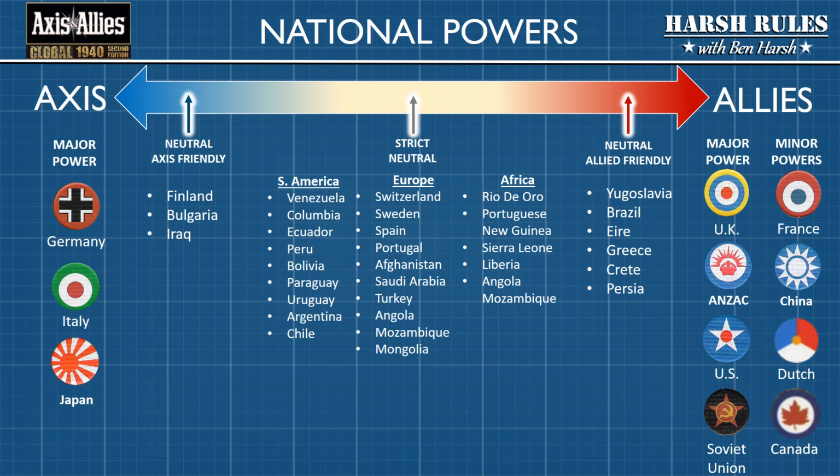On the political spectrum, there are also neutrals that have existing sympathies to either the Axis or the Allied powers. Neutrals with sympathy to a particular side are considered friendly neutrals. And obviously, if a neutral is friendly to the opposite side, they become unfriendly neutrals. Neutral territories with sympathies to a particular nation can only be entered as a non-combat move.